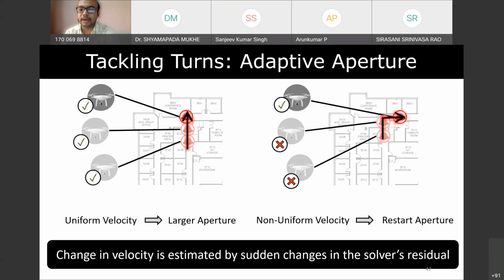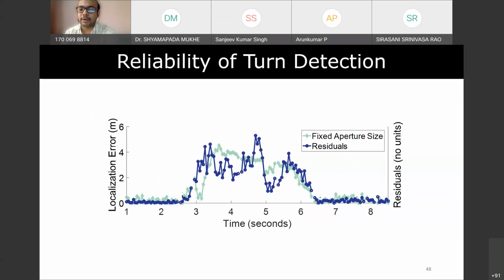So how are we doing it? We are looking at the residual error of the least square fit. In the beginning, we showed you this equation where we solve for the velocity and the location of the person, as a result of the drone's aperture. As we minimize, you can always keep track of the cost function, right? All we are trying to do is minimize the cost function.